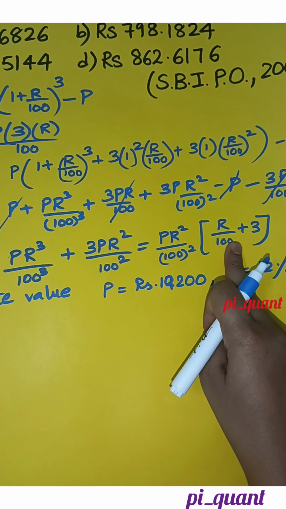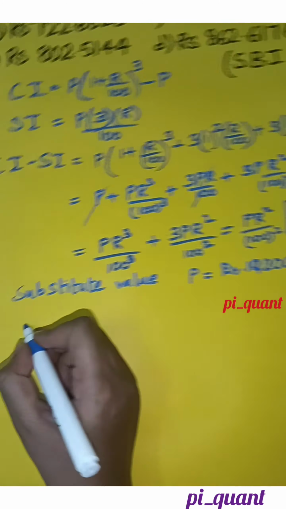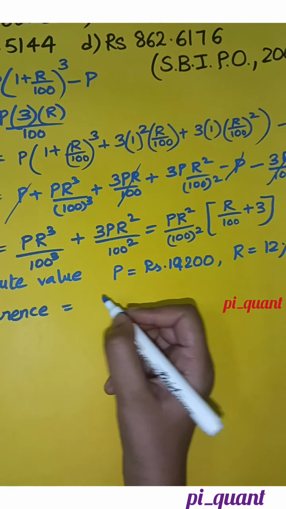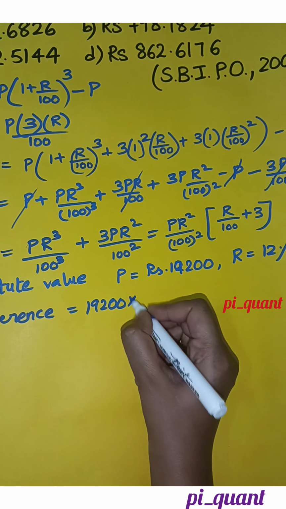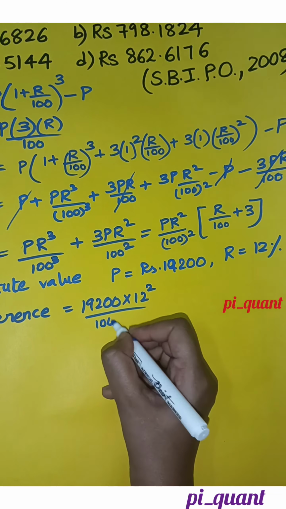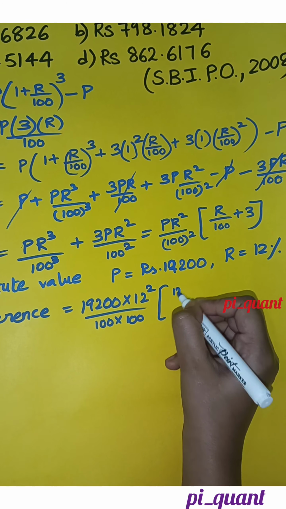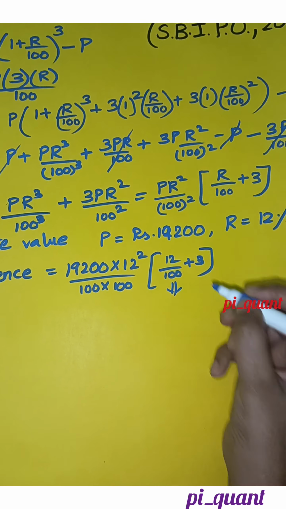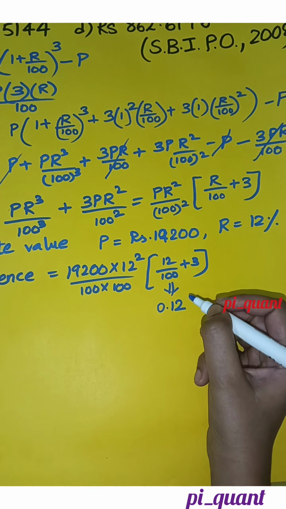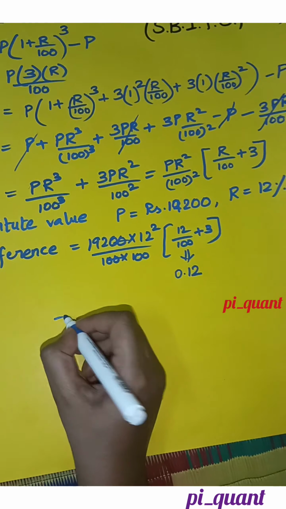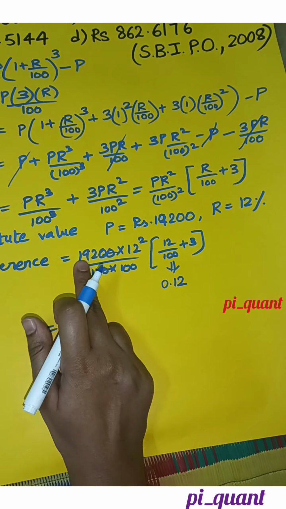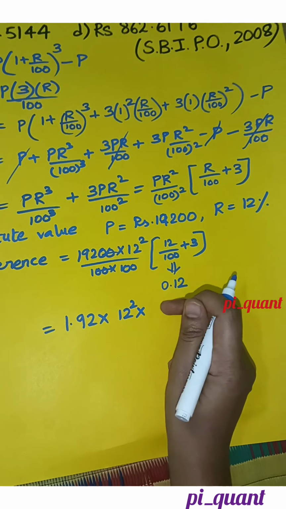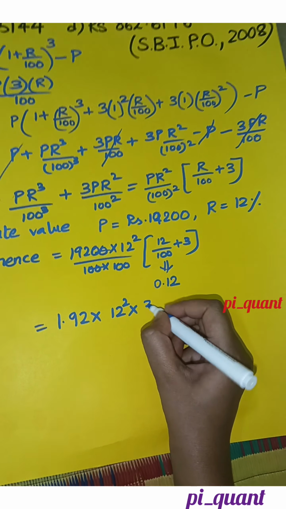So we need to substitute this here in the formula, that is difference is nothing but 19,200 into 12 by 100 whole square into 12 by 100 plus 3. As you can know, this is nothing but 0.12. After cancellation, if you put this into decimal, 1.92 into 12 square into 3 plus 0.12 is nothing but this one.